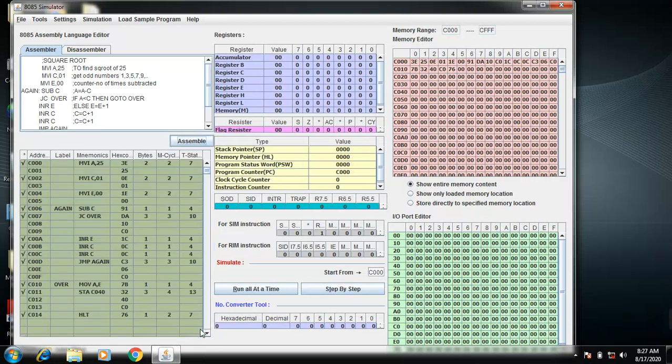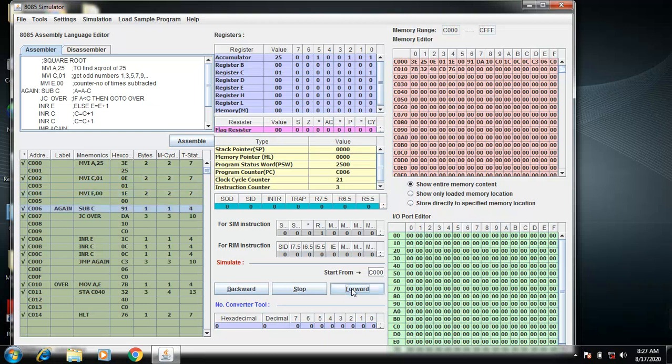Then assemble it. It is directly converted to mnemonics and then hex code, bytes, machine cycles, and T-states. Now I execute step by step. First I put the data 25 in the accumulator. The next is C equals 1, that is MVI C, 01, the first odd number, initializing the C register.